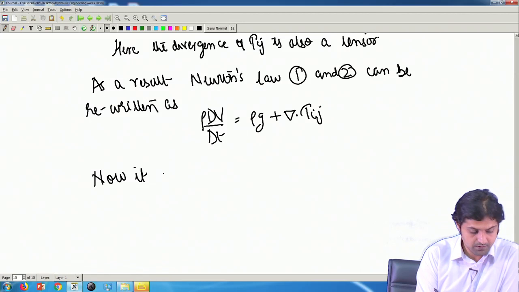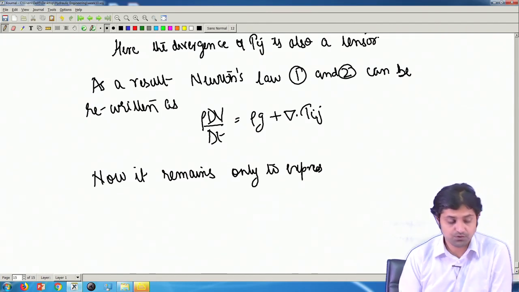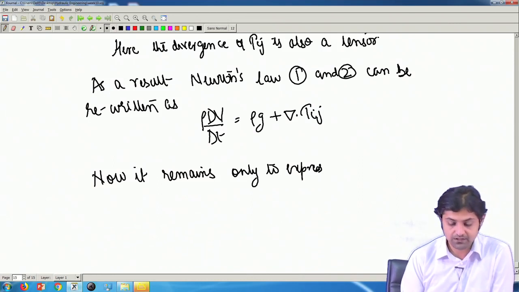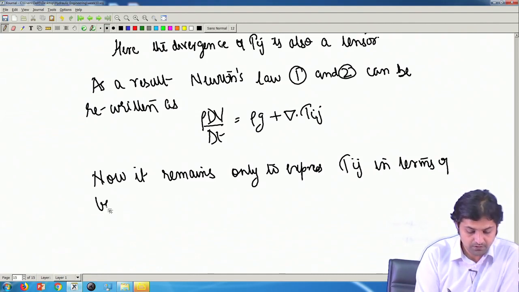Now, it remains only to, so there is another unknown term called tau ij, right. So, now it remains only to express this tau ij in terms of velocity v. Okay.